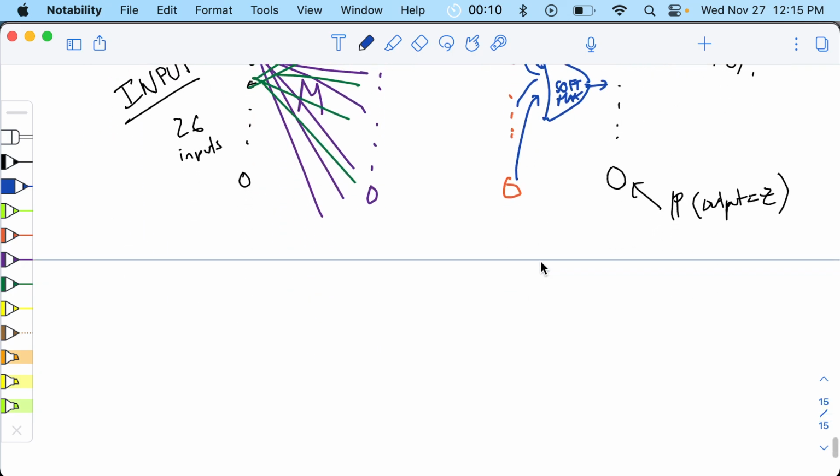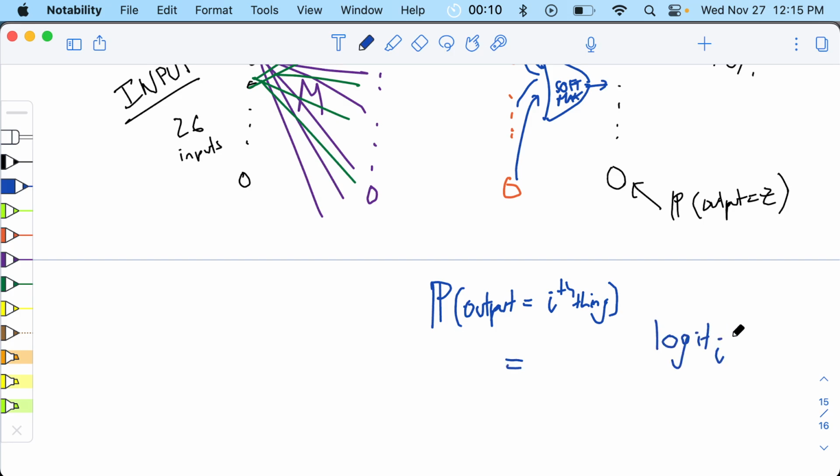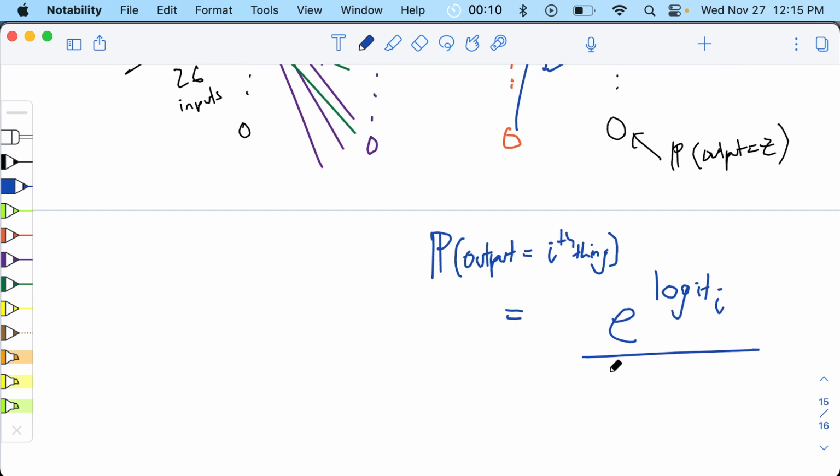And that is exactly the same as a previous class. So the formula is the probability that we output the thing number i. Well, let me write it out in a little more detail. The output equals i is equal to e to the power of logit number i, divided by the sum over all the logits, logit j going from 1 to n.